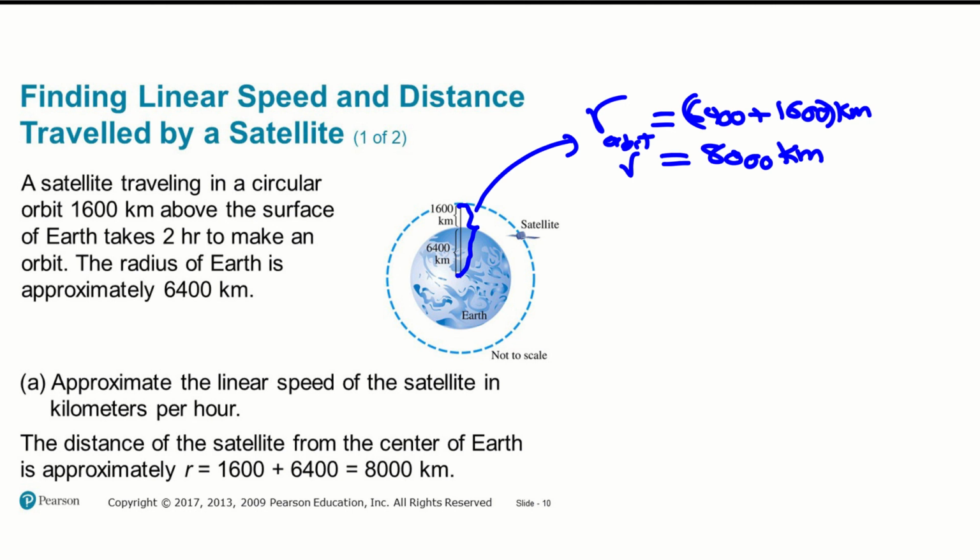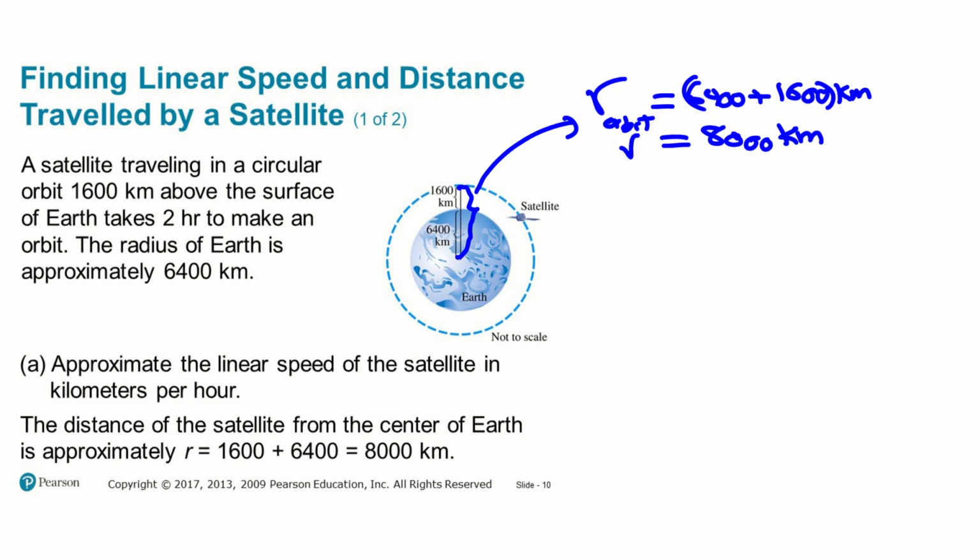So the next thing we need to know, if we want to know the linear speed, is how much distance was covered in a given period of time, right? And we know that that distance is basically going to be the circumference of that circle, right? So that's the next thing we're going to compute. In other words, S is just going to be r theta.